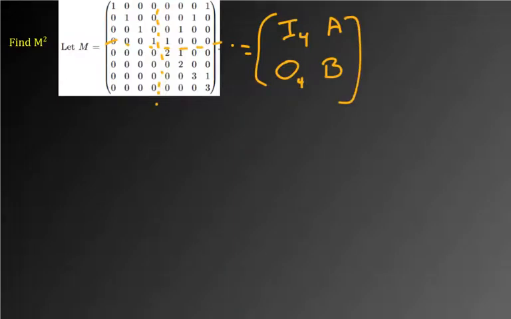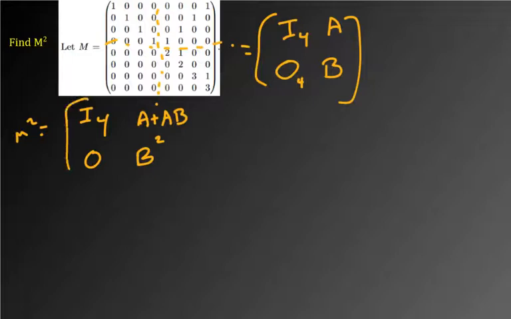And so if I do M squared, then I'm going to get I to the fourth, and then A plus AB, and then 0, and then B times B, or just B squared, down there. This is nice because it gives me basically half of the answer already.